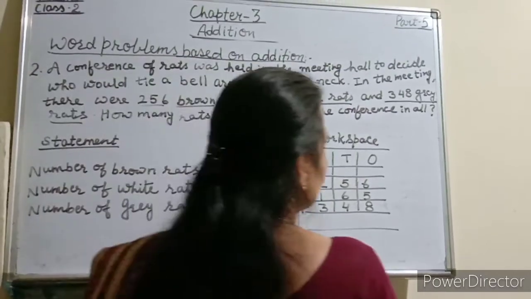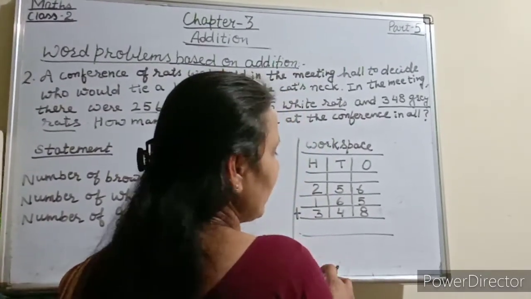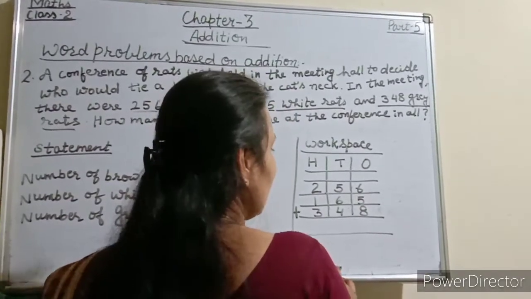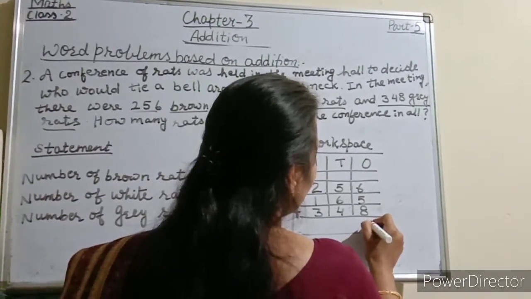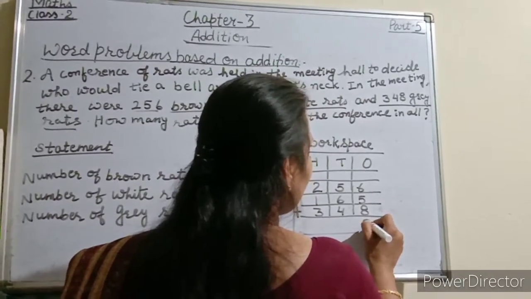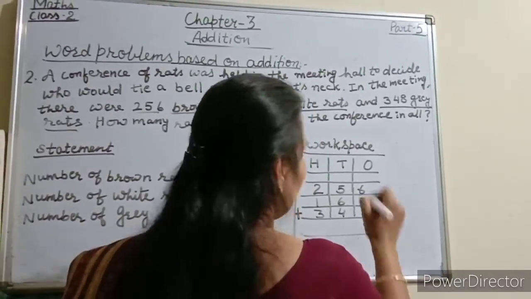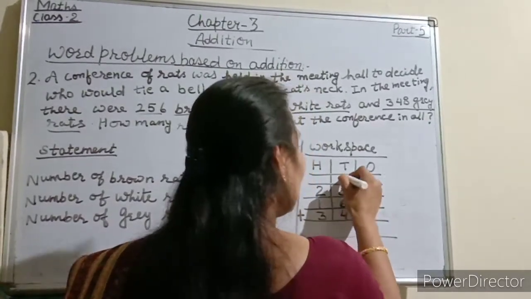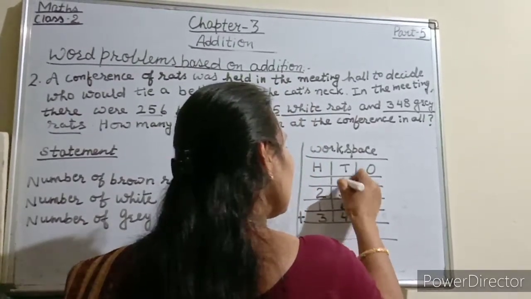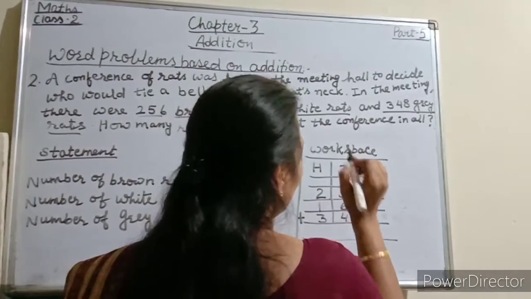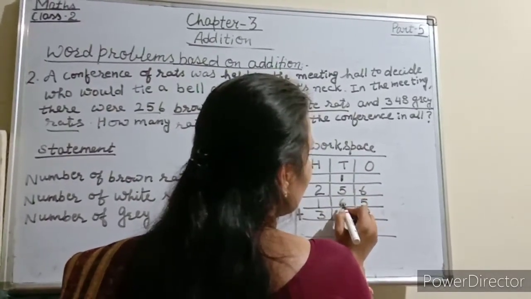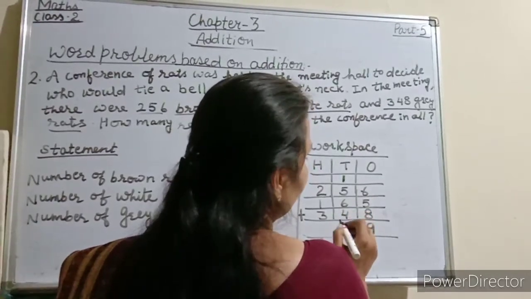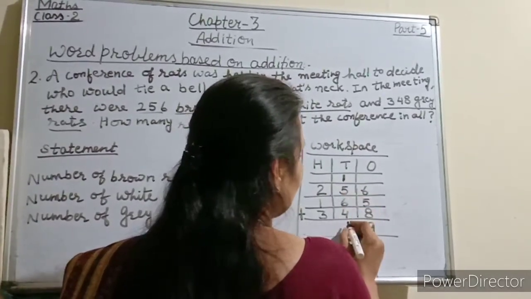See, 6 plus 5, students. Very good. 11. 11 plus 8. Yes, 19. So here under the ones place we will write 9 in ones column and carry 1 here at the tens column. This is carry over. Now 5 plus 6, 11, 11 plus 4, 15 and 1, 16.